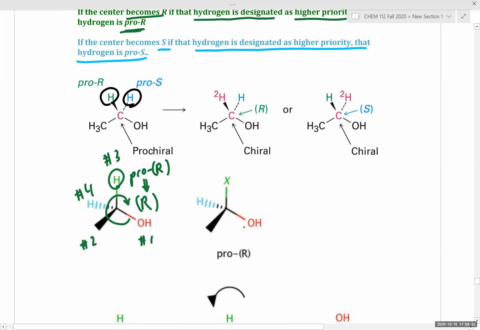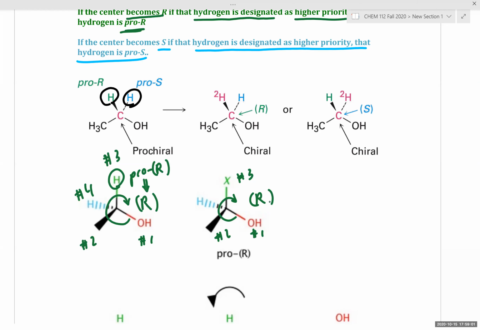Does everyone see how if we assign that pro-R hydrogen as higher priority, we have an R stereochemical assignment? So a pro-R hydrogen would lead to an R stereocenter upon modification or substitution. Does that idea make sense?